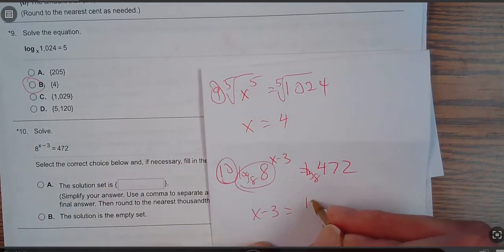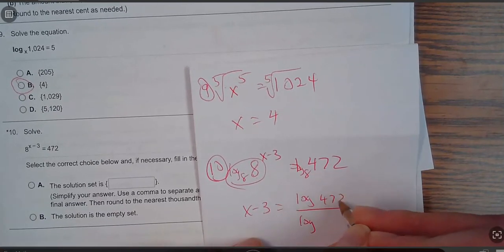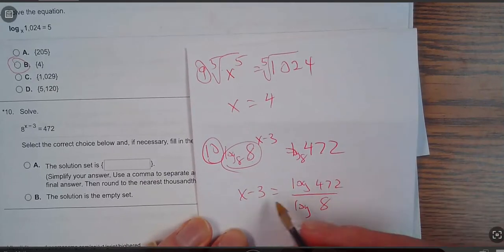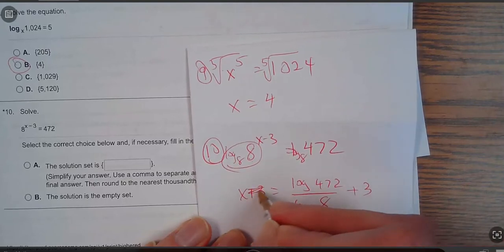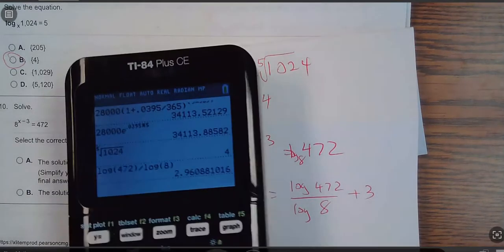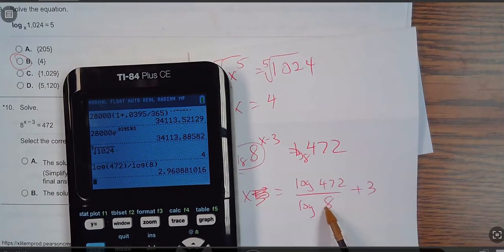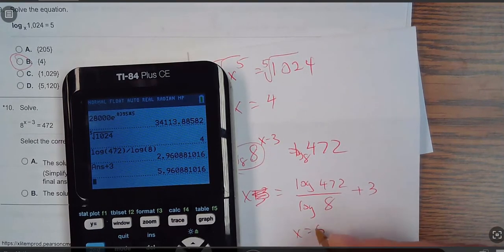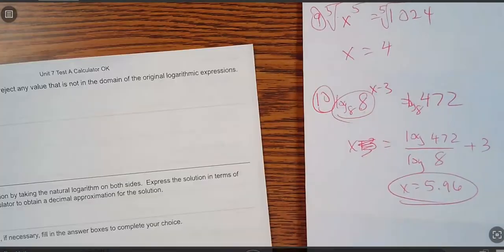Over here I've got log, so change of base, 472, 8 on bottom, and then when I get that answer, I'm actually going to add 3 to it. So when I type this in the calculator, do the change of base: log 472 over log 8 is 2.96, and then add 3 to it. So x equals 5.96.